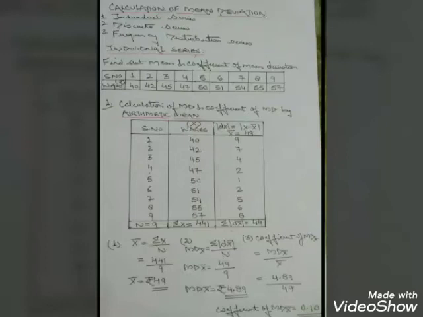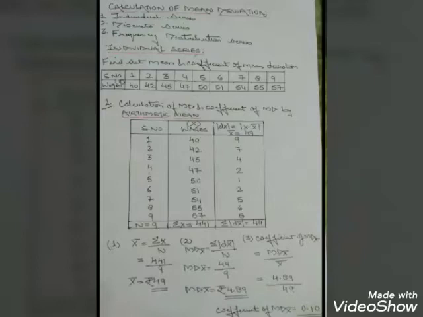Here a data has been given, which is the wages of workers in a factory. We are going to find out mean deviation and coefficient of mean deviation first by the arithmetic mean method.